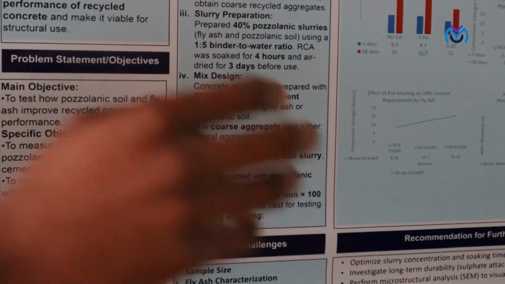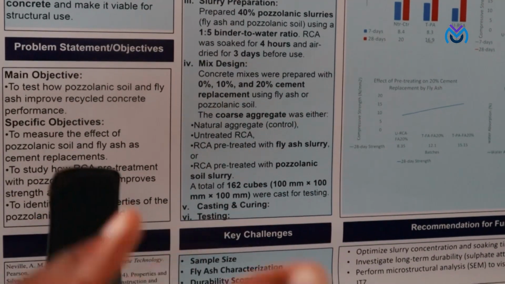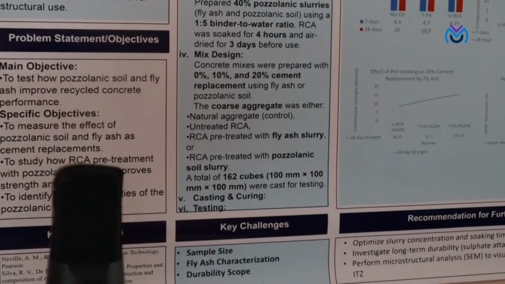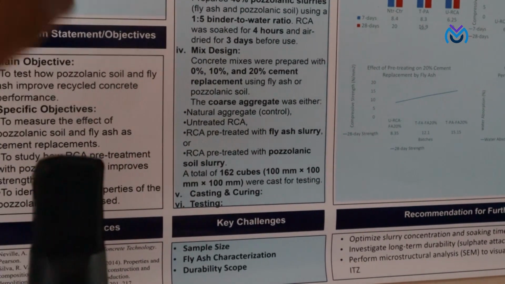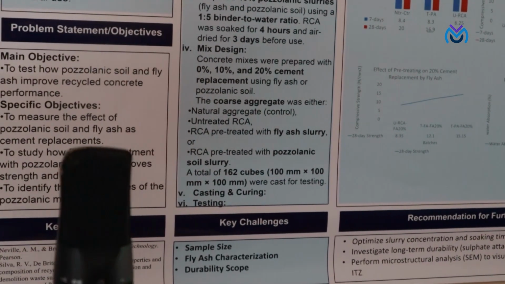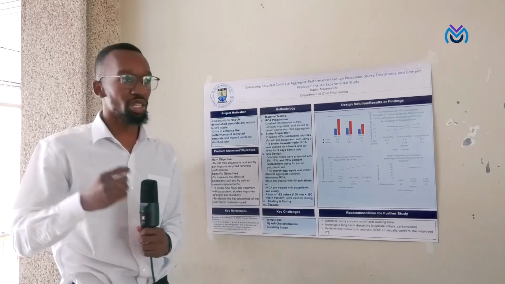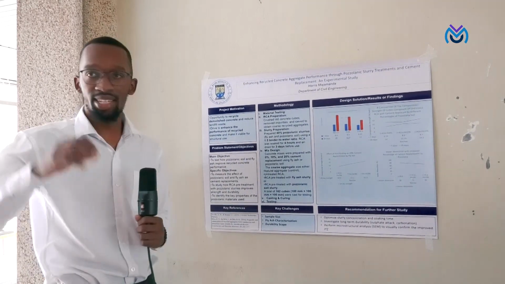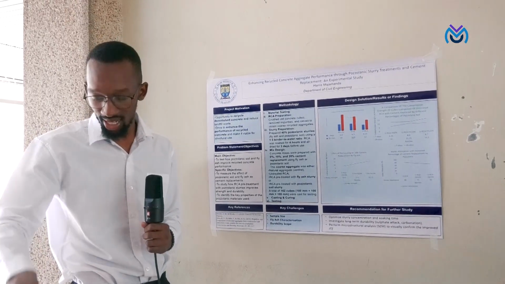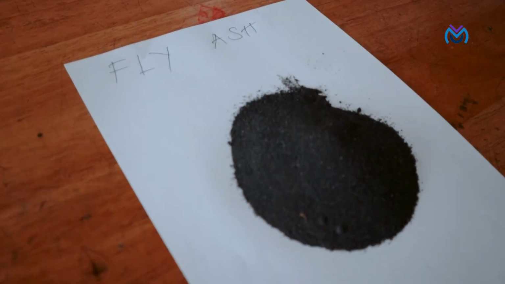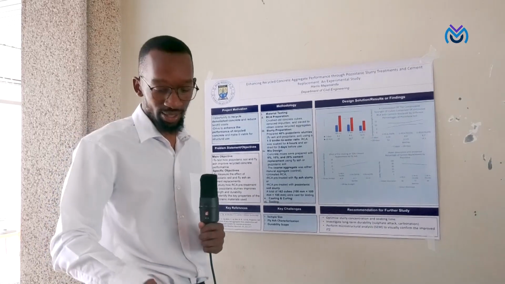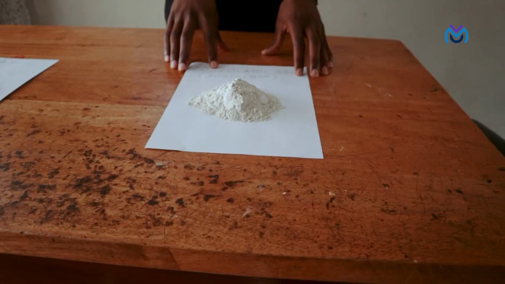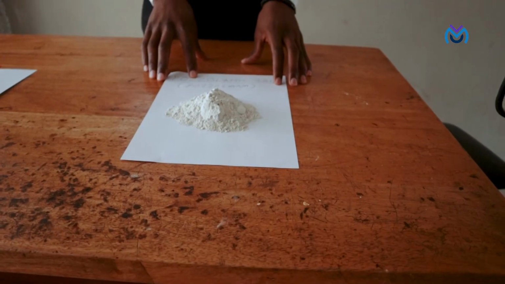For the aggregate, we had the natural aggregate, which was our control, and then untreated recycled concrete aggregate, or RCA as I'm going to be calling it. Then the RCA treated in the fly ash slurry, and the RCA treated in the pozzolanic soil slurry. So those are the variables.